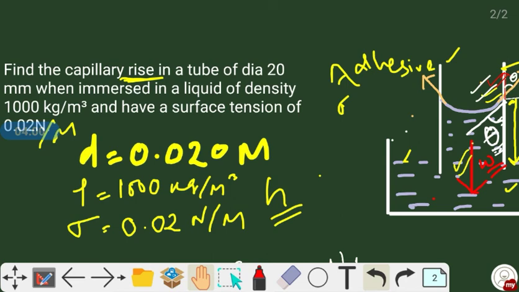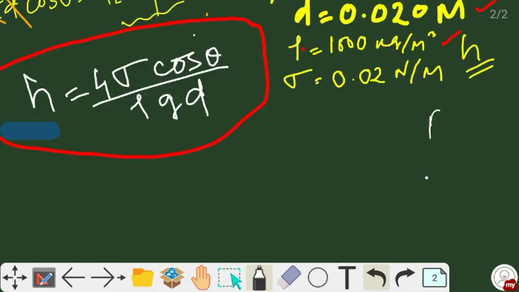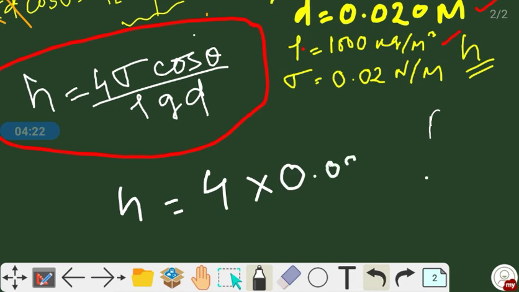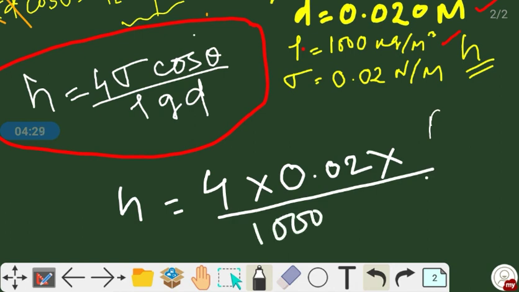Guys, in the question the diameter is given, the rho is given, the sigma is given. So let's put all these values into the formula and find the capillary rise. For the value of h, we can write 4 into sigma at 0.02 into cos theta by rho is 1000 and g is 9.81 and d is 0.02.